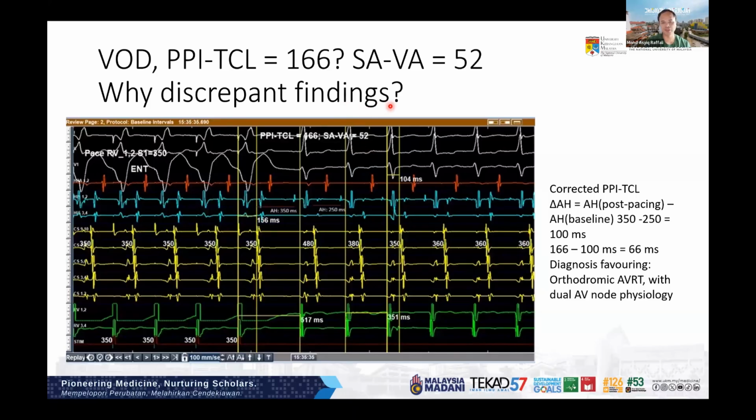We corrected the discrepant finding using the formula of the corrected post-pacing interval minus tachycardia cycle length, which actually shows a short return cycle, about 66, because the AH after the maneuver was 350 milliseconds, and then 56 milliseconds, and we subtract the baseline, so it's actually only about 66 milliseconds. So this probably confirmed that this patient actually has dual AV node physiology and possible antidromic AVRT.